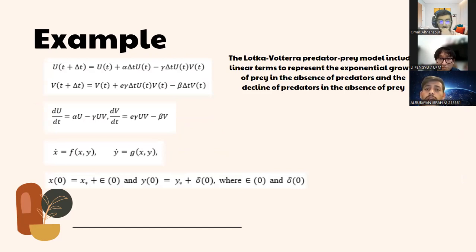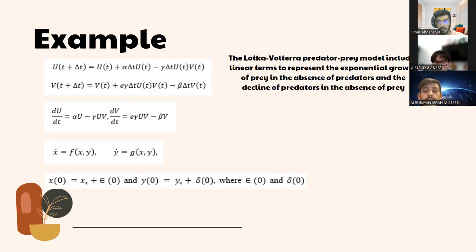So u(t plus delta t) equals u(t) plus alpha delta t u(t) minus gamma delta t u(t) v(t). And in the second, v(t plus delta t) equals v(t) plus gamma delta t u(t) v(t) minus beta delta t v(t).